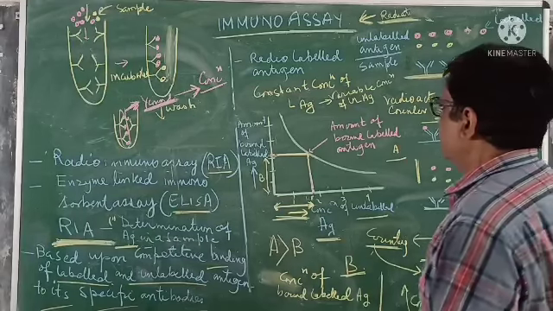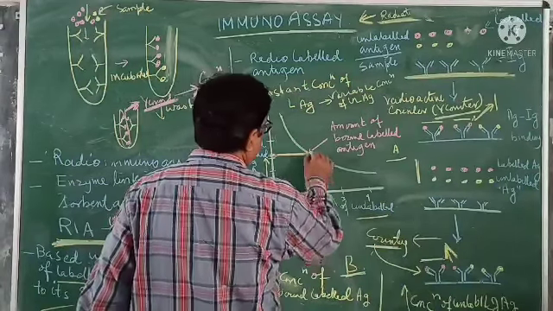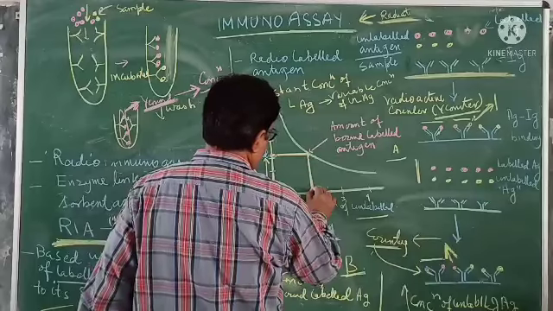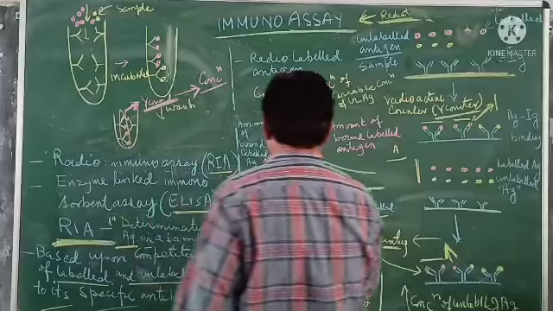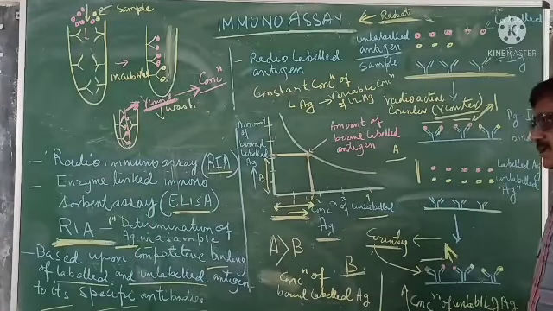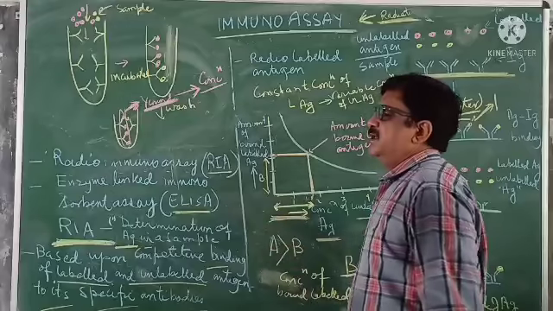Okay, so suppose this is present here, we get the result here of the unknown amount of unlabeled antigen.